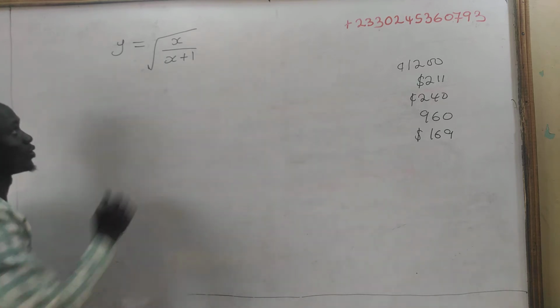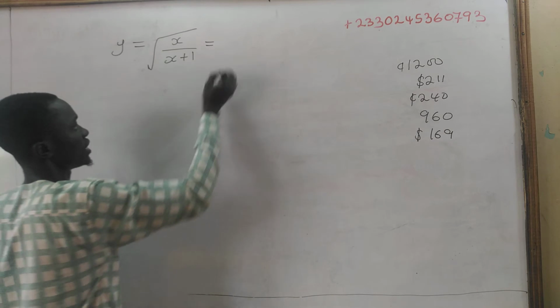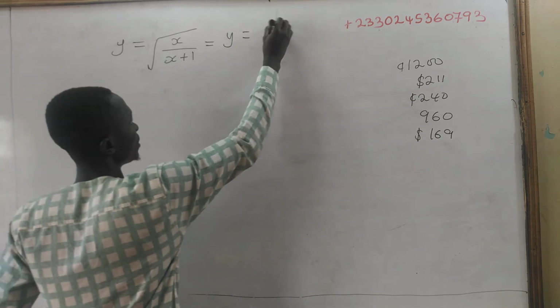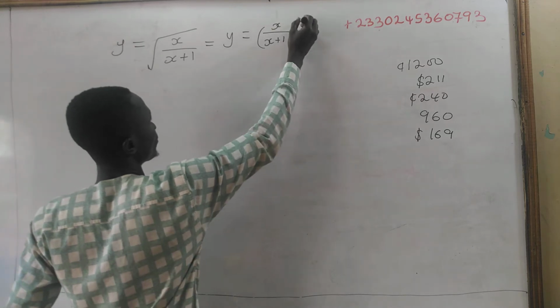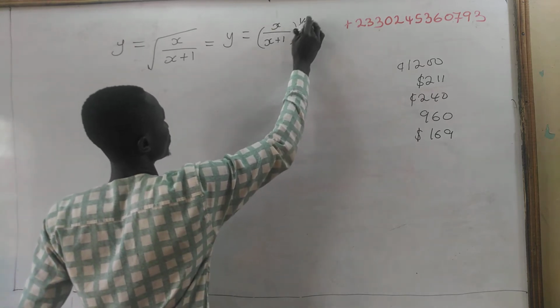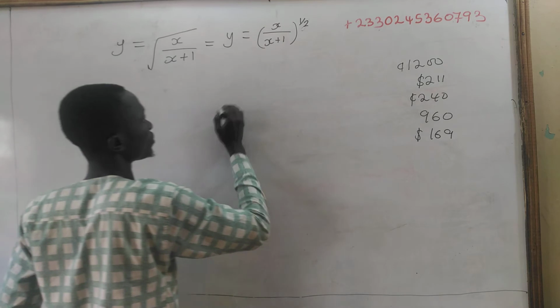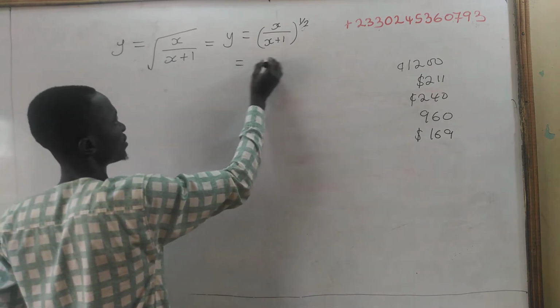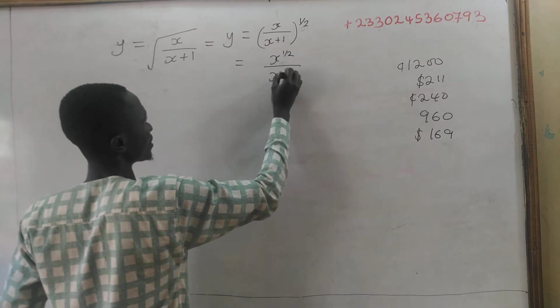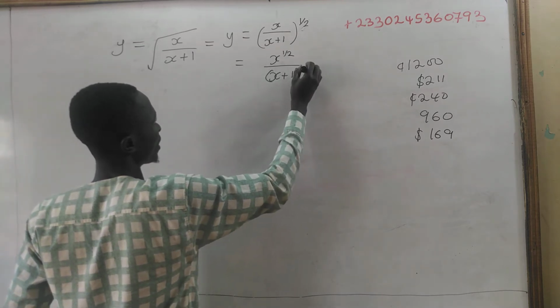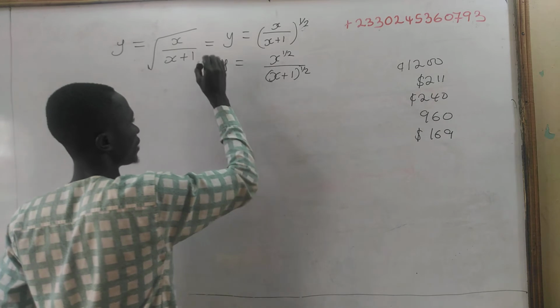So this equation is the same as y equal to x divided by x plus 1, all to the power 1/2. Which is the same as x to the power 1/2 divided by (x+1) to the power 1/2 as my y.